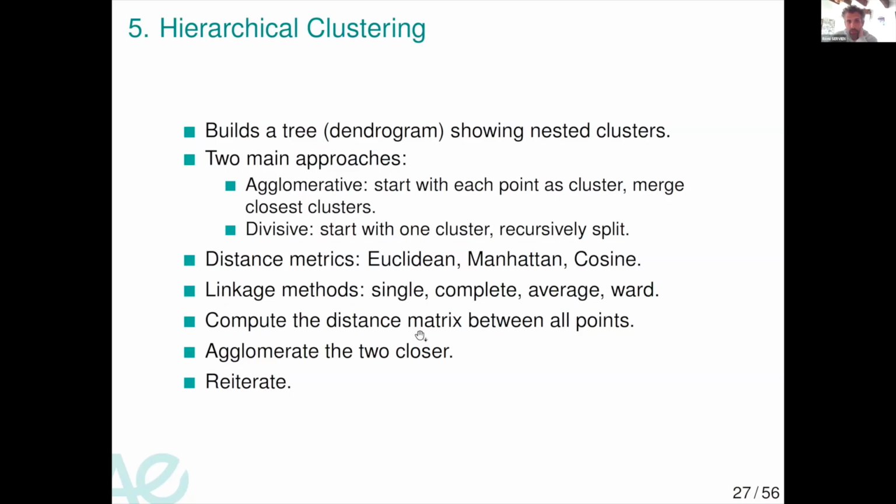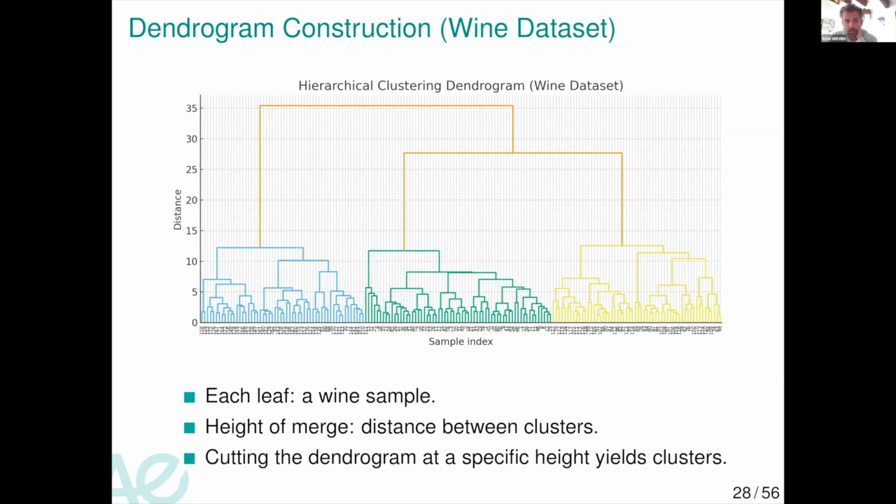For example, here you have a hierarchical clustering dendrogram on the wine dataset. So how do you read it? At the bottom, each number refers to one individual, so one wine of our dataset.